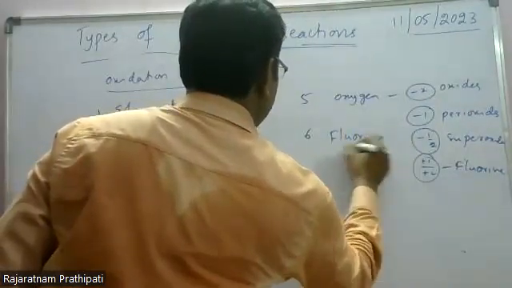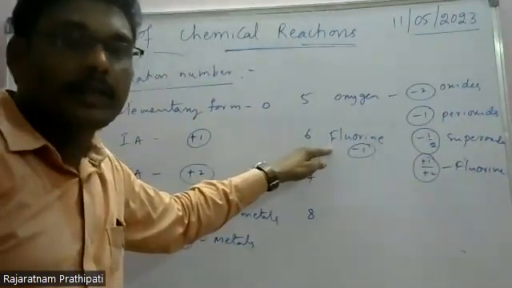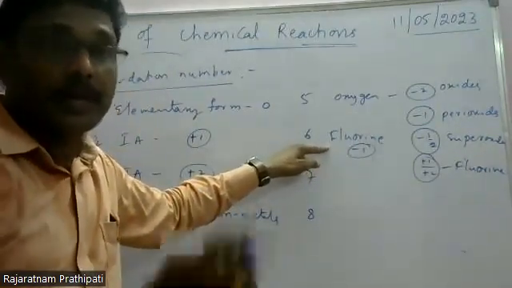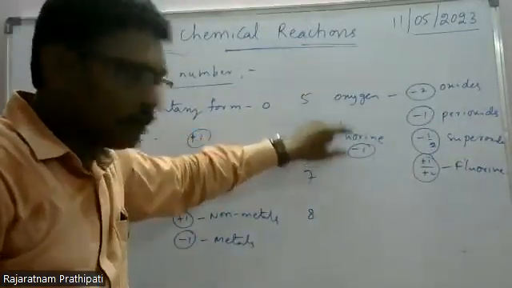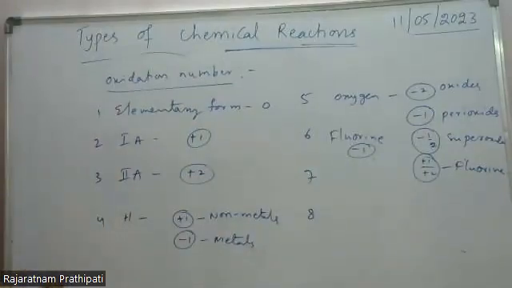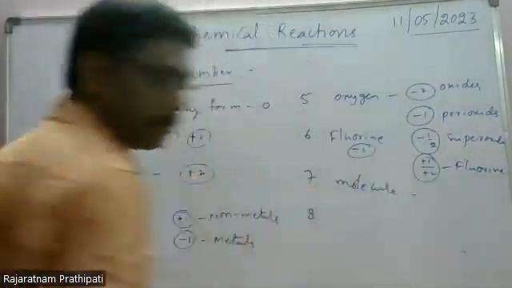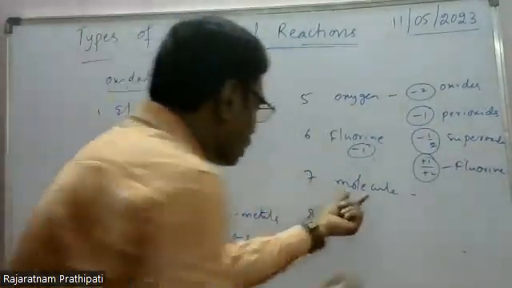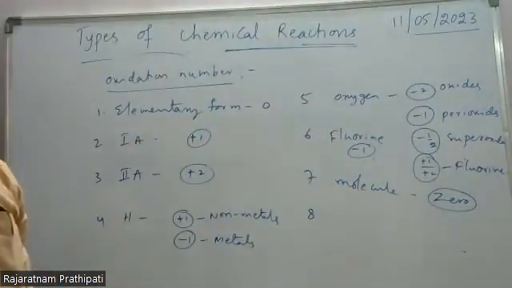Fluorine always exhibits -1 because it is the element with the highest electronegativity. It is the only element with only the -1 oxidation state. In the case of a neutral molecule, the sum of the oxidation states is always 0.